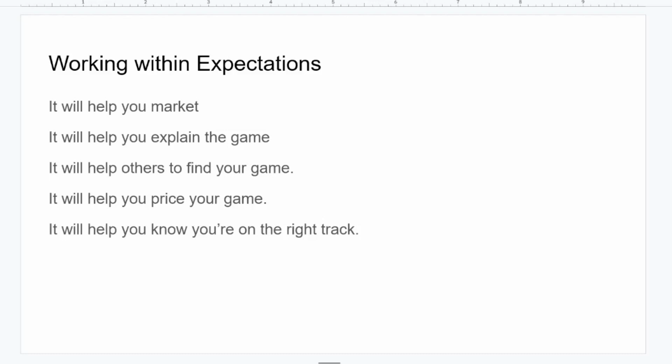If they go to Board Game Geek and they look up tabletop RPGs, yours will then be on that list, and that will help. And this is part of the reason why figuring out what genre you want to target is so important. It will help you find the price of your game as well, because there are price expectations in every genre.